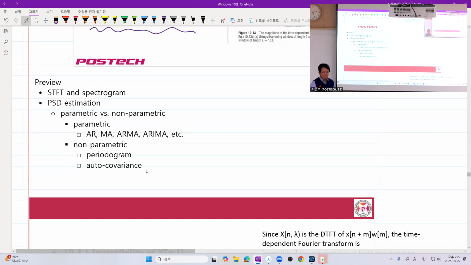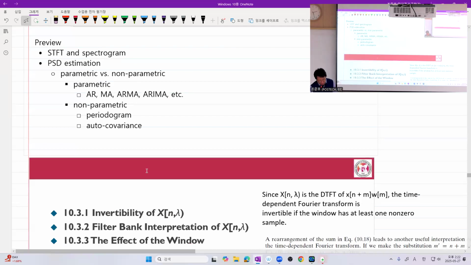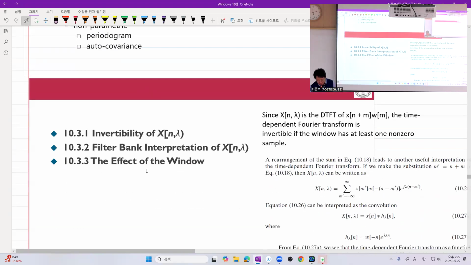But anyway, even if this part does not appear in our final exam, I want to talk about it anyway. By the way, we haven't yet finished the short-time Fourier transform and spectrogram, so let's see more about that.